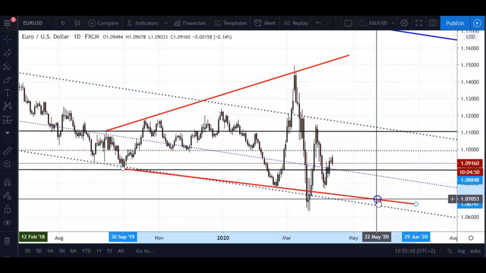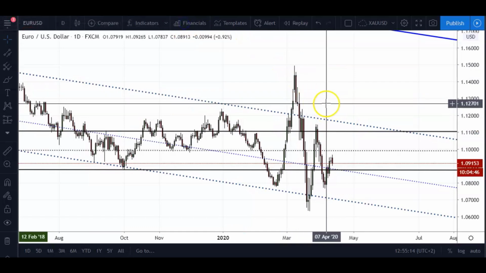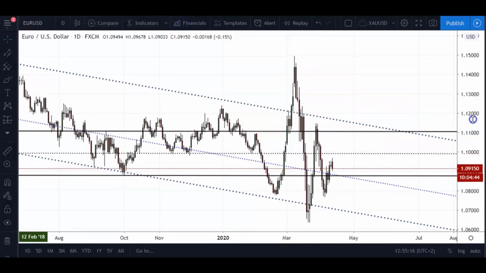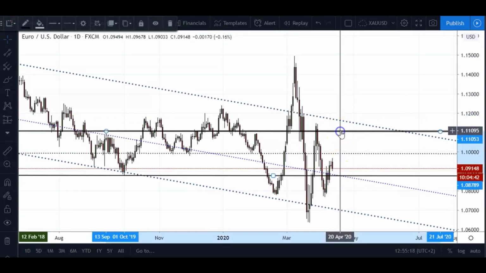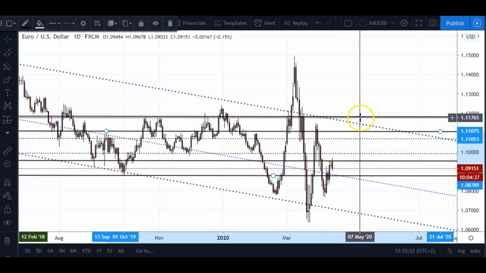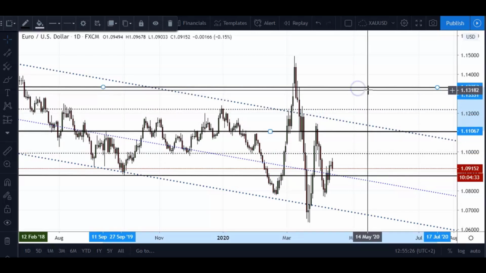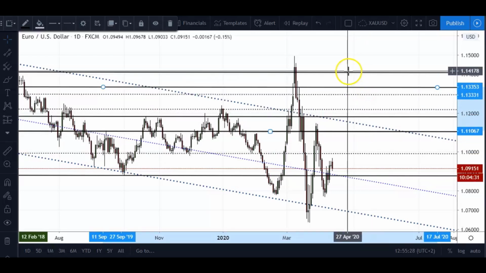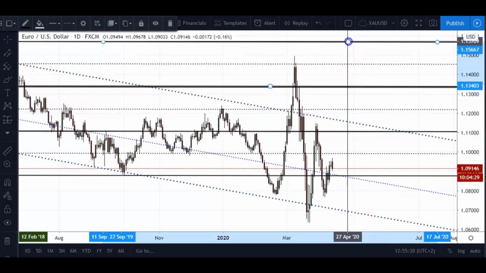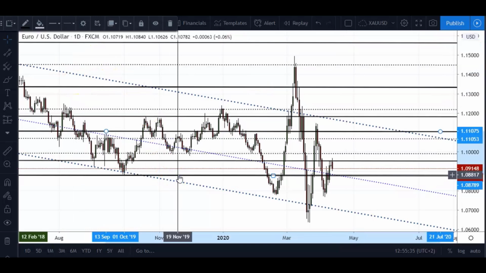And let me just get rid of these red lines and show you something really cool. When you expand the same channel that you used there, copy and paste it and expand it to the upside, let's just do one more again. And let's do the same going downwards.